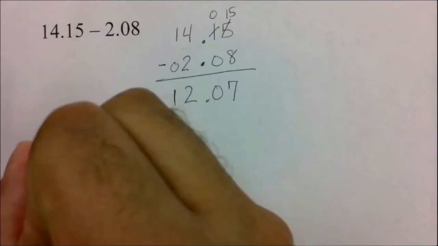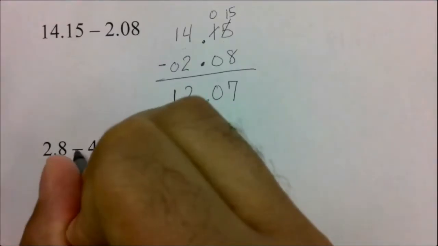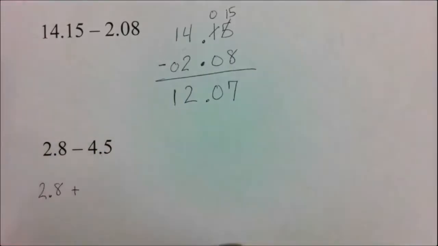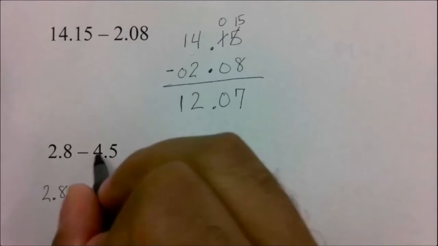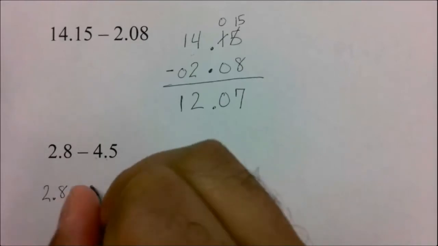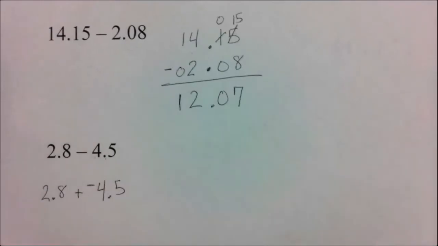Keep our 2.8, change our subtraction to addition, and change the 4.5 to a negative 4.5. All right, so now you're going to be adding together 2.8 plus negative 4.5.